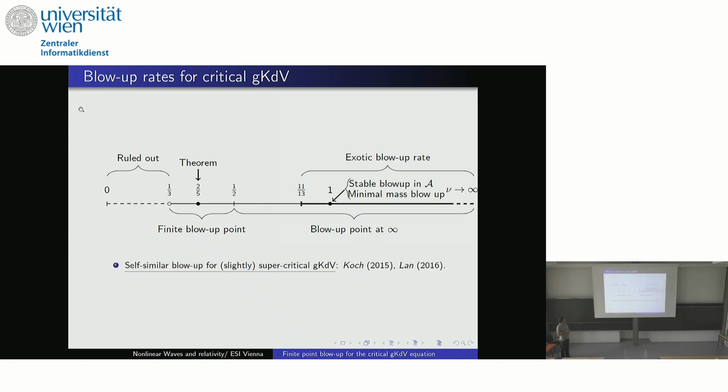I should also say a word on what happens if I change the equation a little bit, increasing the power in the nonlinearity. Then there are examples of self-similar blow-up, a numerical example, and also a rigorous construction, based on the self-similar profile constructed by Herbert Koch, and Lan proved rigorous self-similar blow-up when you're slightly supercritical.